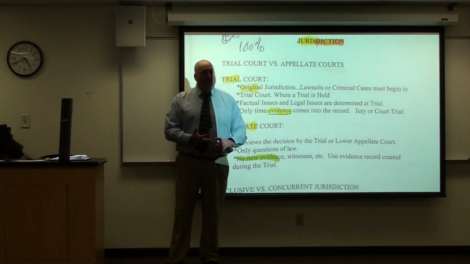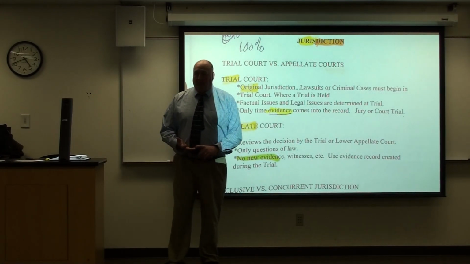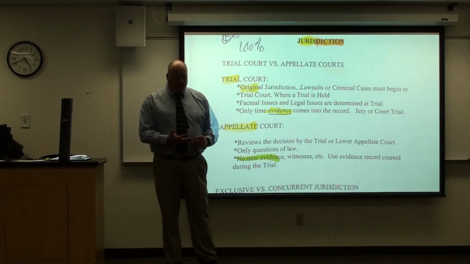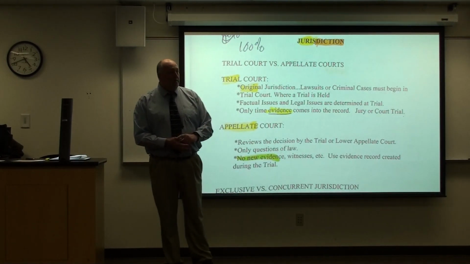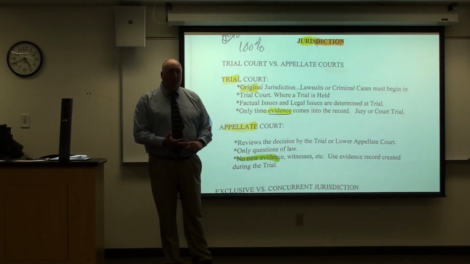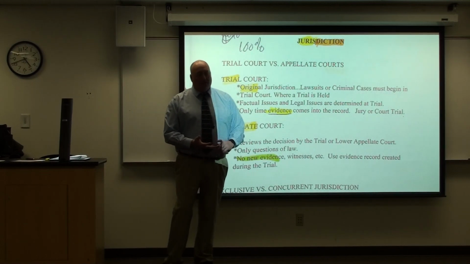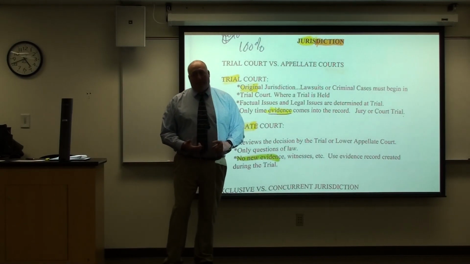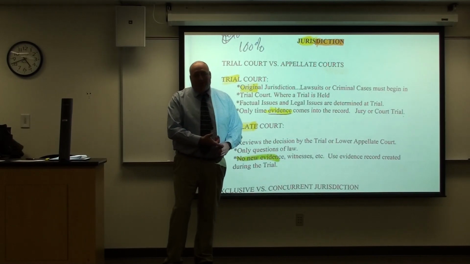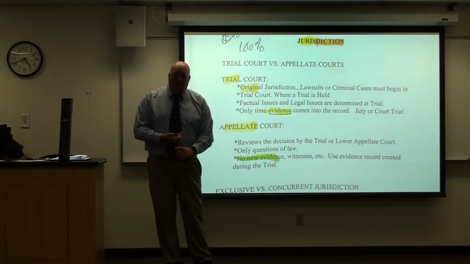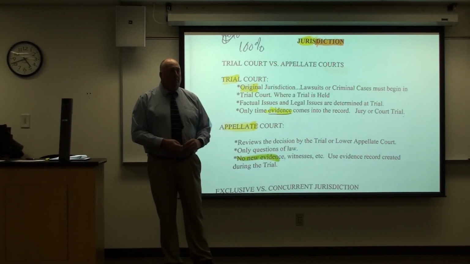Questions of fact and questions of law. So factual questions are who, what, where, why, and when, right? Who is identity, what was the weapon that was used, where did it happen, who was the perpetrator, why did they do it, motive, intent, all those kind of things, right?